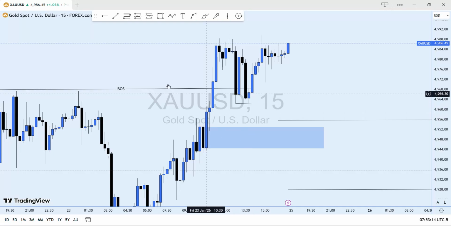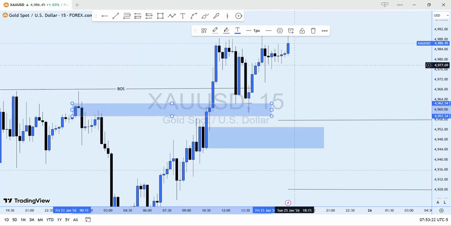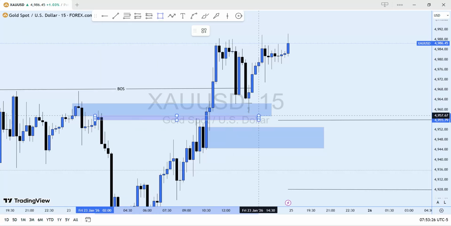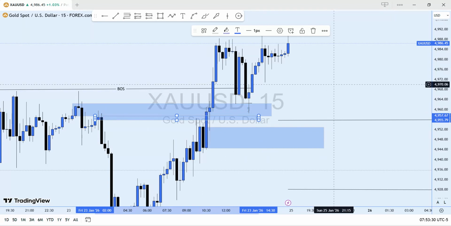It referenced places such as this place. We have this place as well, and then we have this. We have 3 points of interest which the market might come and retrace to after a break of structure.